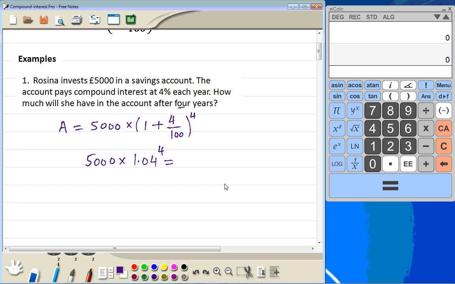Now we just use the calculator. 5,000 times 1.04 raised to the power 4 equal, so we get the amount 5,849 and 29 pence.